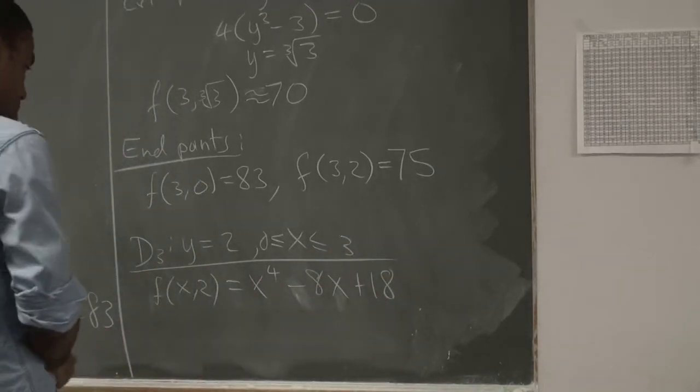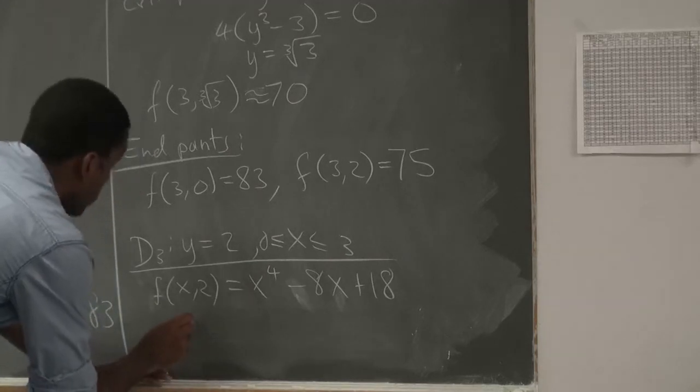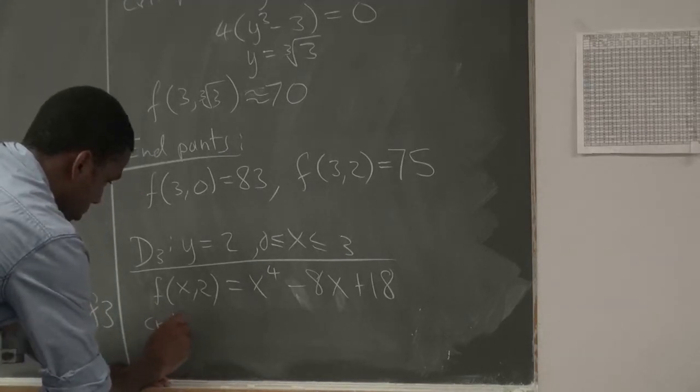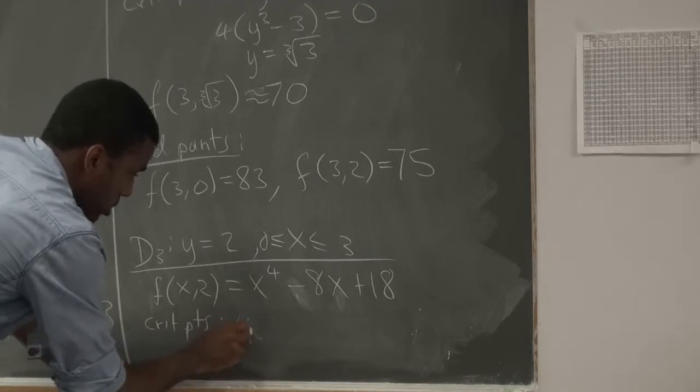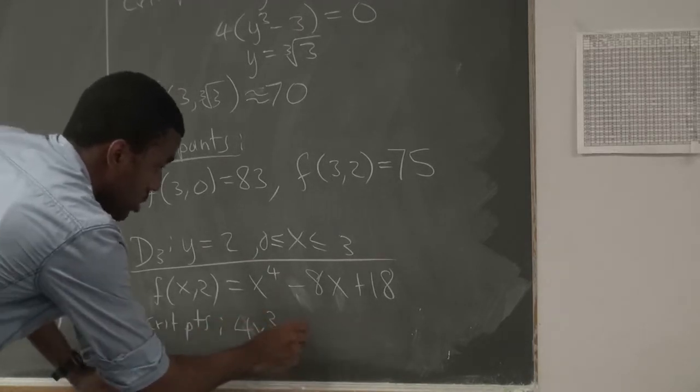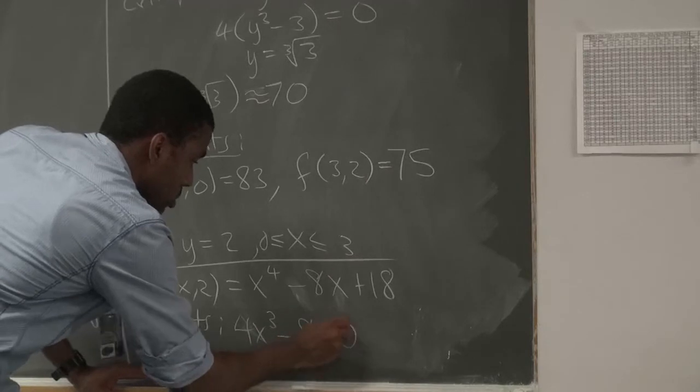Is that what you said? Yep. Okay. So, critical points, this means you have 4x cubed minus 8 equal to 0.